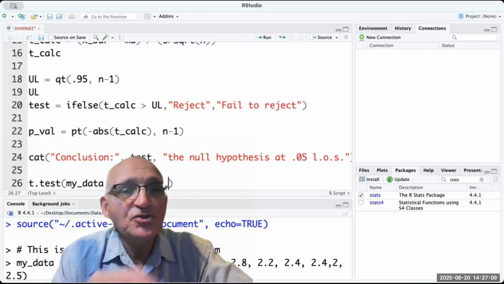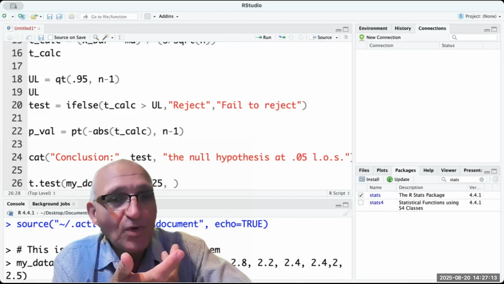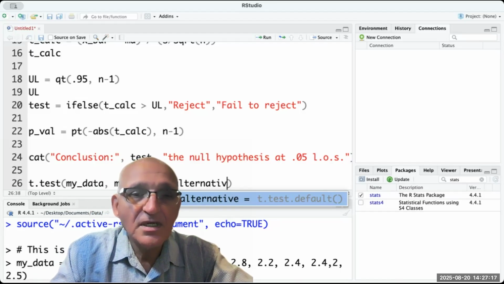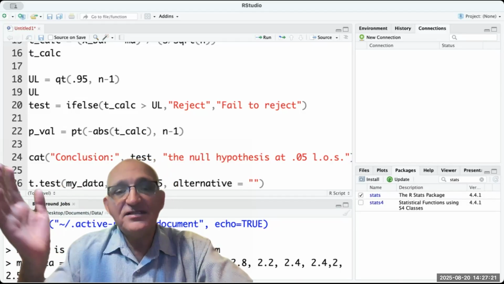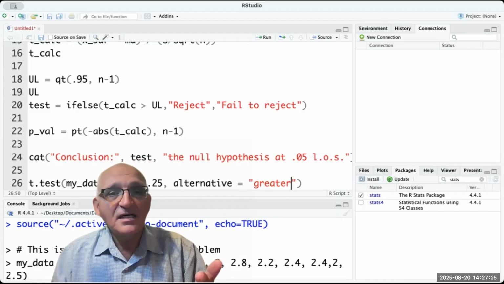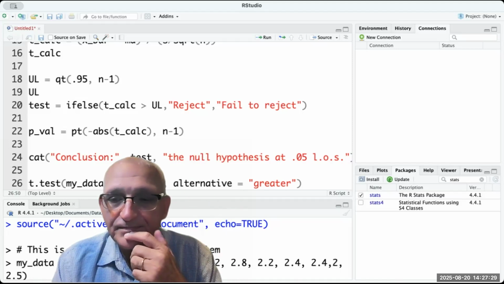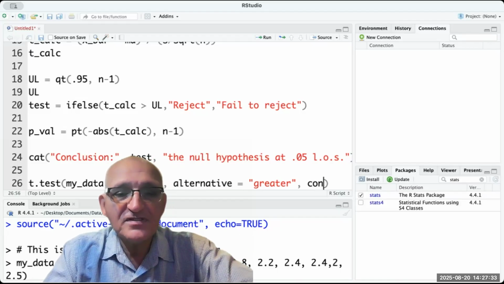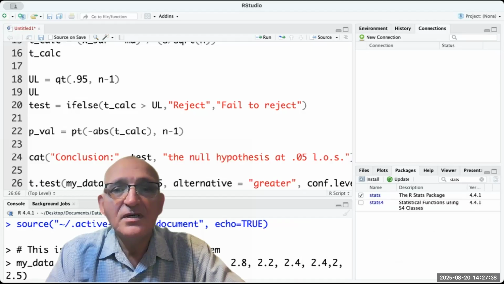It should ask you what the alternative is, so you enter alternative equals greater. You can enter greater, less, or two-sided. You have three options. And finally, we don't say alpha, we say the confidence level is 0.95.